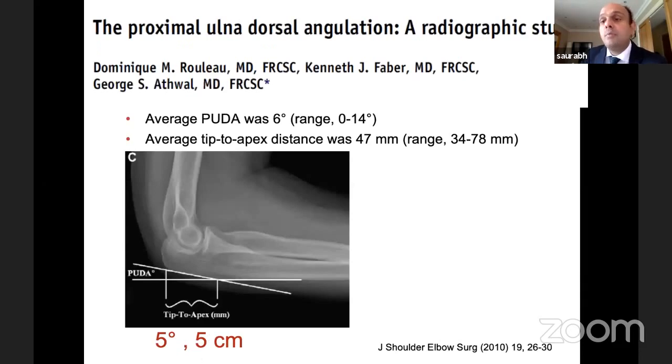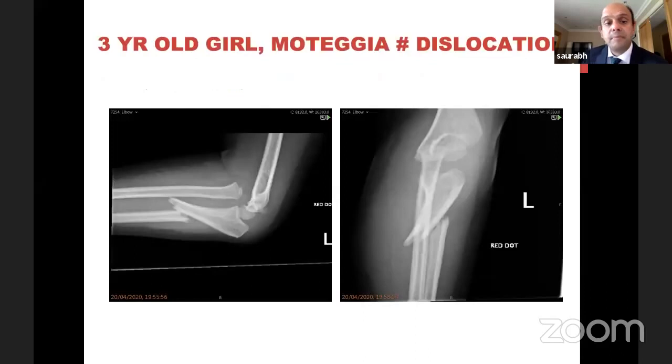So if you have to do a Monteggia fracture dislocation, for example, in this case, which was a very recent case, April, a month and a half, 2 months ago, a 3-year-old girl, what is important is, once I get my PUDA right, this anterior dislocated radial head should fall back.